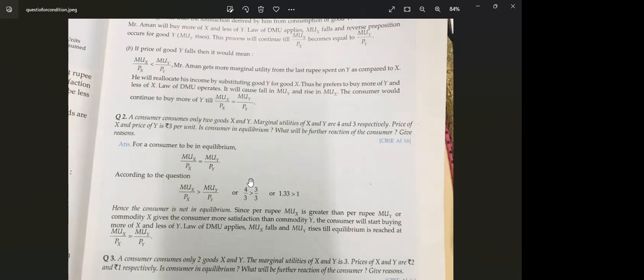You will only write till here, since you have already written it too many times. So write just the question, then given, then for this and according to the question this. Then you will say, hence the consumer is not in equilibrium. Then the criteria which you have to explain. Clear? Yes, teacher, it's clear. Okay, write it down.